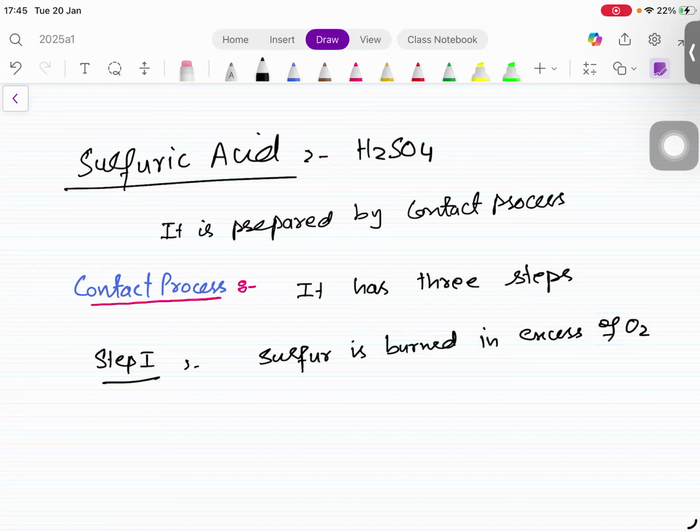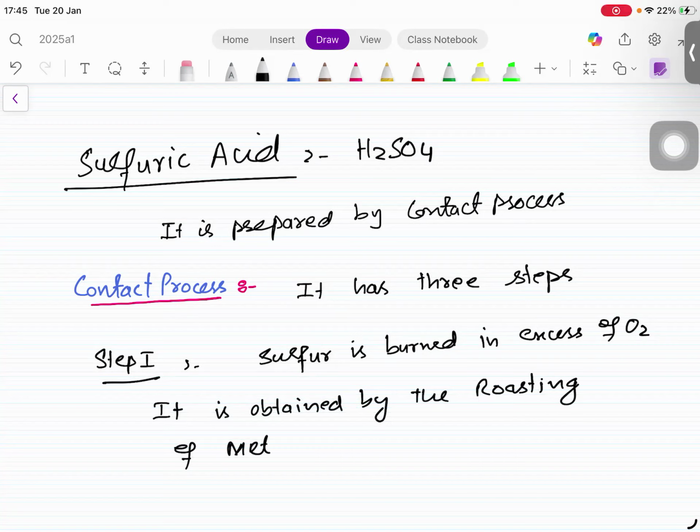And where is it obtained? You have to tell the source. It is obtained by the roasting, means burning, heating, metal ores containing sulfur.